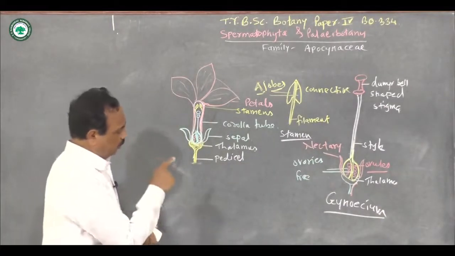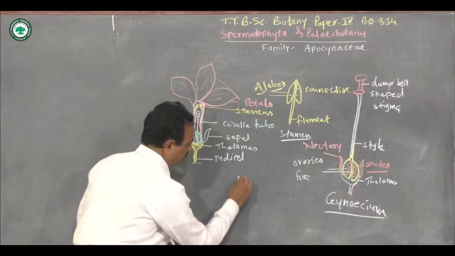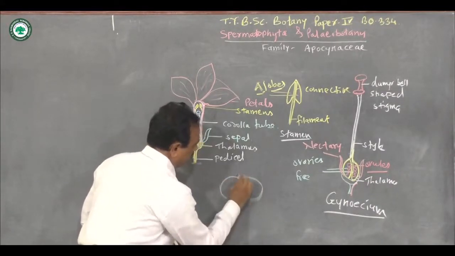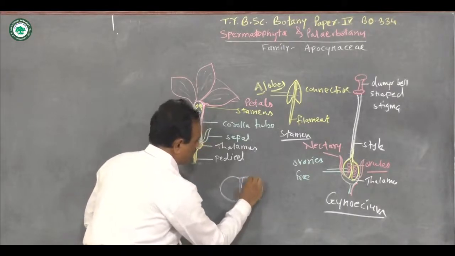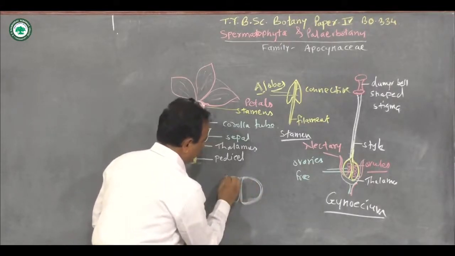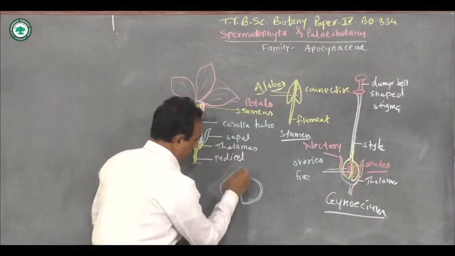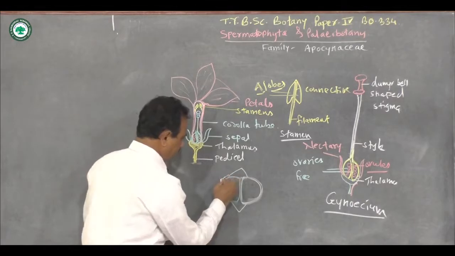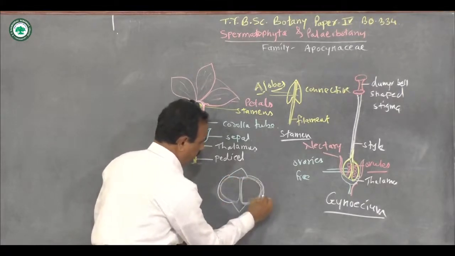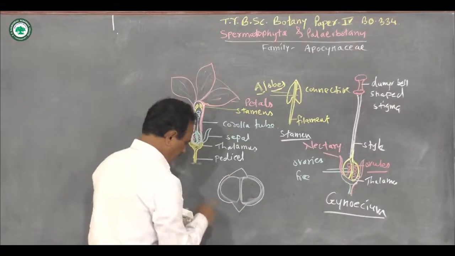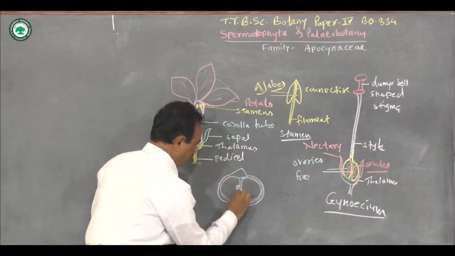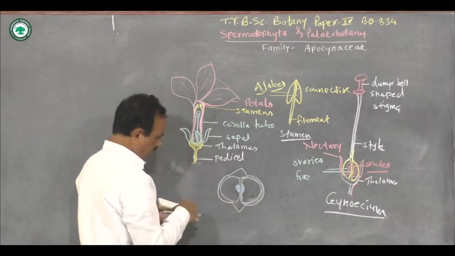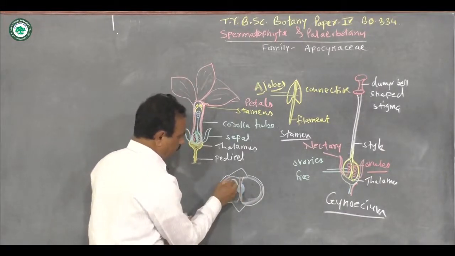And when we are going to see the tiers of the ovary, so here these are the two carpels. Here there is the presence of nectary, and it shows the presence of the ovules. So here there is a presence of the placenta, and on that placenta, on the marginal placentation, here the ovules are attached.